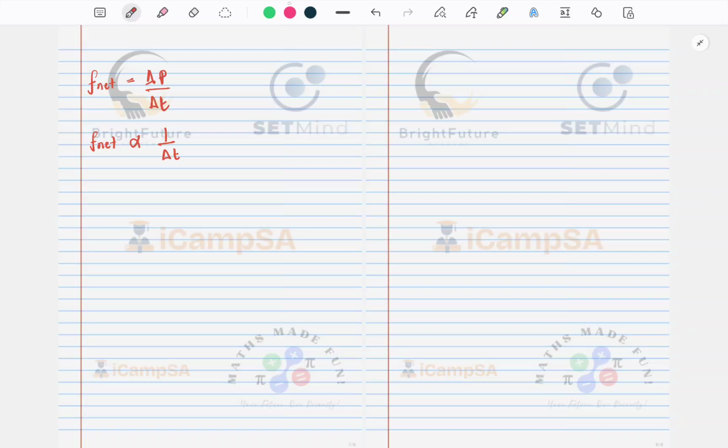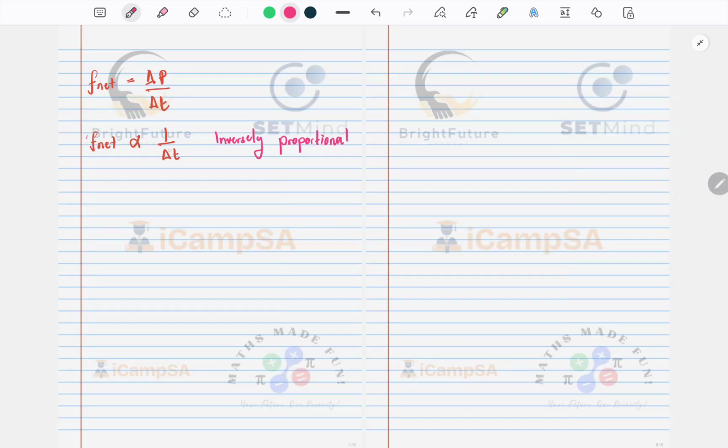What does this mean? This is inversely proportional. So if you increase the time, you are decreasing this F net. If we increase this time, this is going to decrease. That's what we are actually looking for here.